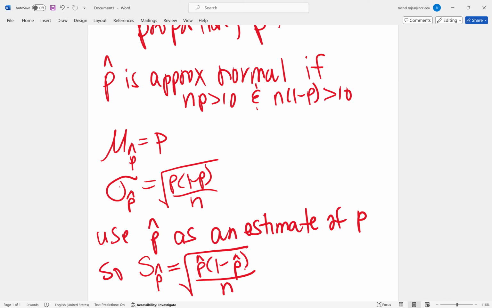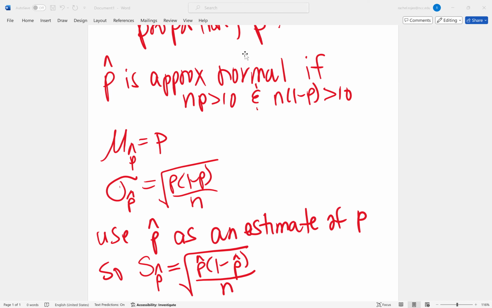This estimate of the standard error is called S sub P hat when we use P hat as an estimate of P. That's why you're going to see this in the formula for the confidence interval for the population proportion.